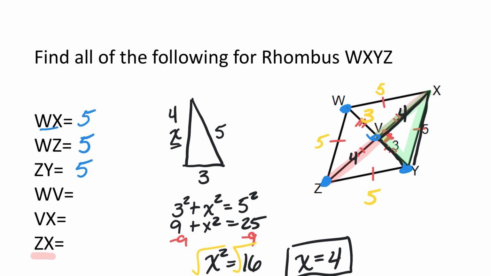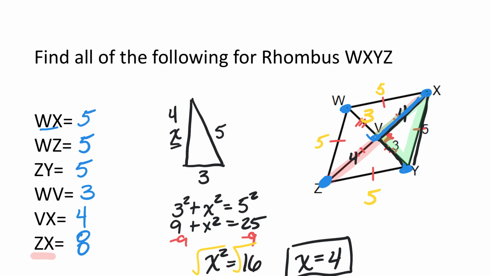W to V, the segment here, that's 3. V to X, it's the one we solved with the Pythagorean theorem. That would be 4. And the outside ZX is a length that consists of 2 segments that are each 4 units. So that makes it 8 units.